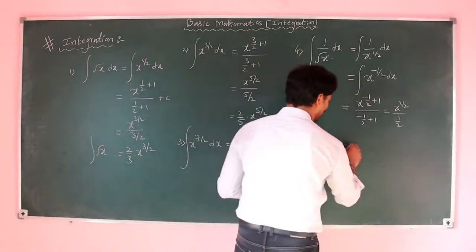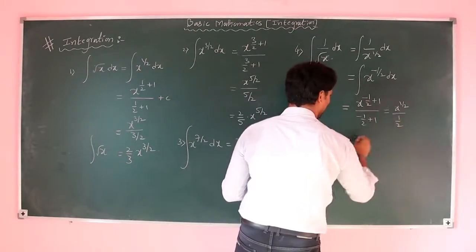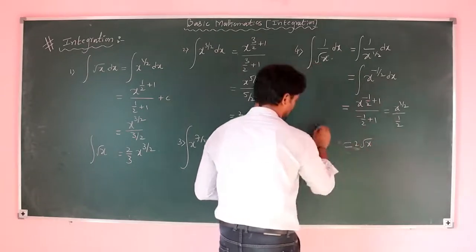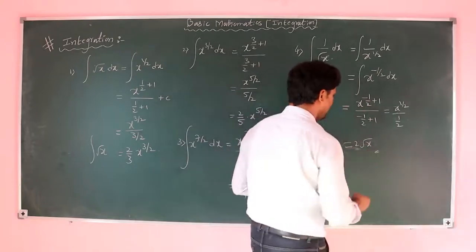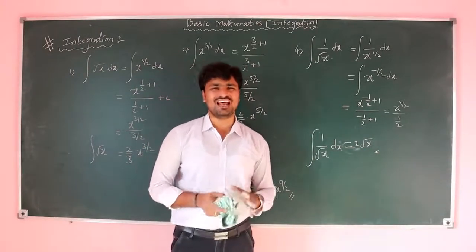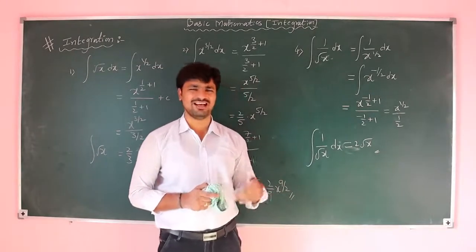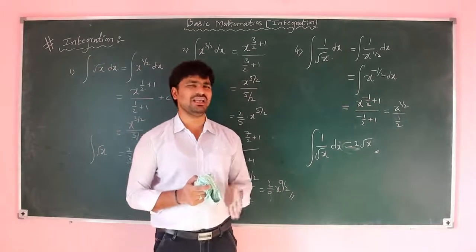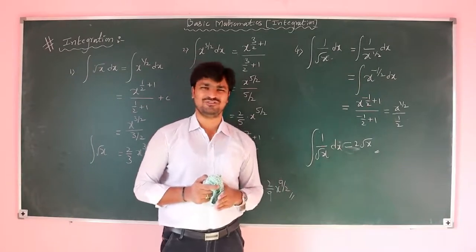This 2 comes up, so it is 2 into root x. So the integral of 1 by root x dx is 2 root x. Like that you can practice positive as well as negative powers. The more examples you practice, the more perfection you get.